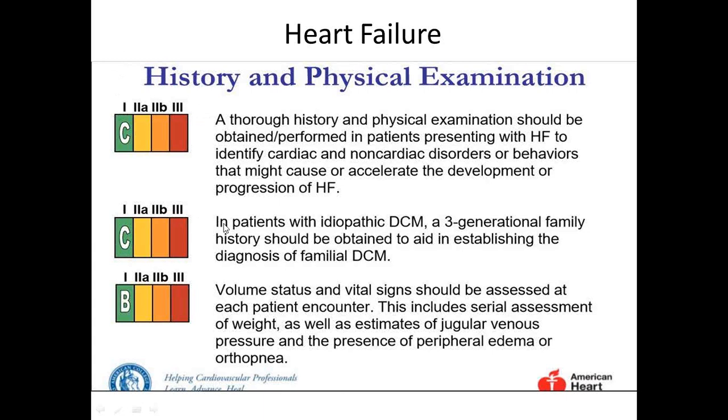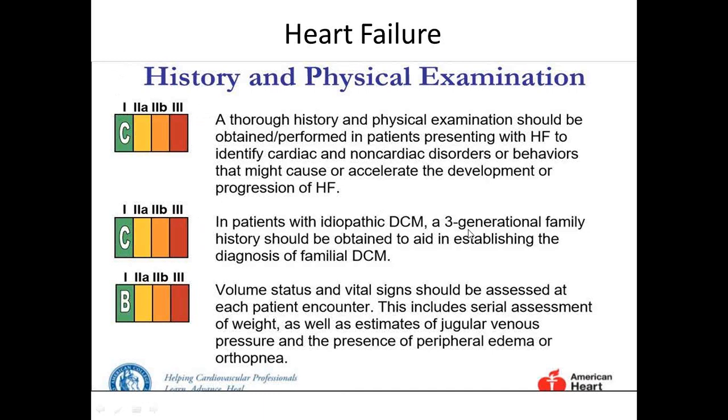Okay, then the next case, in patients with idiopathic dilated cardiomyopathy. So these are patients with heart failure with reduced ejection fraction, and we basically don't know the cause. Okay, we don't know the cause.